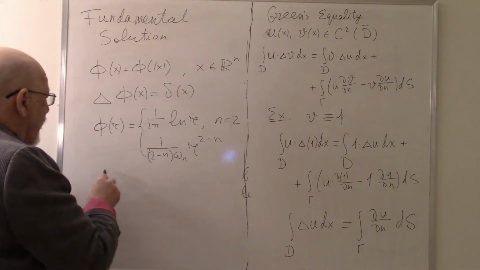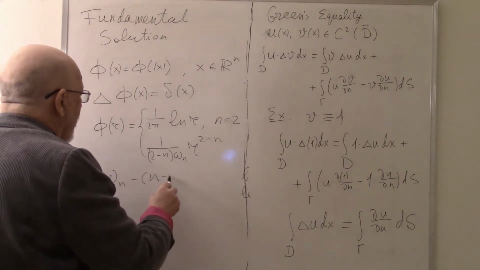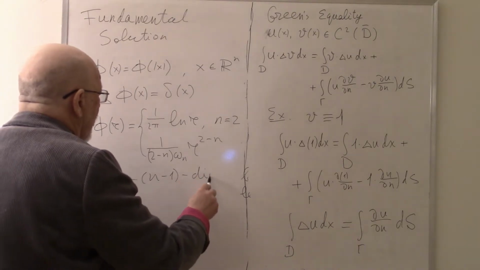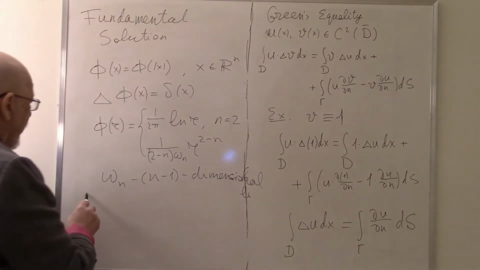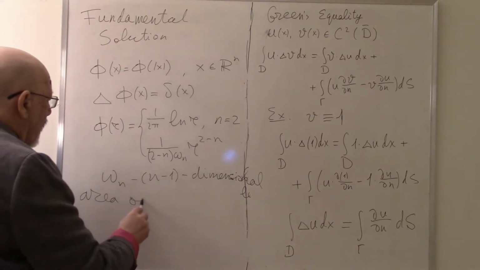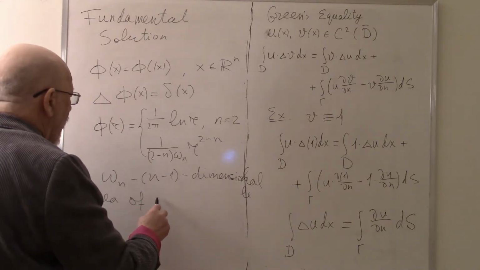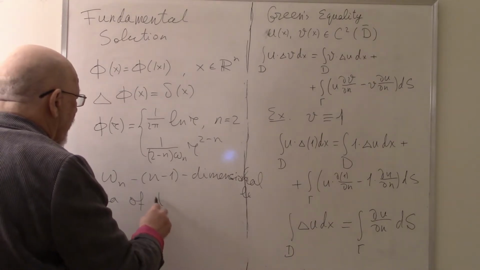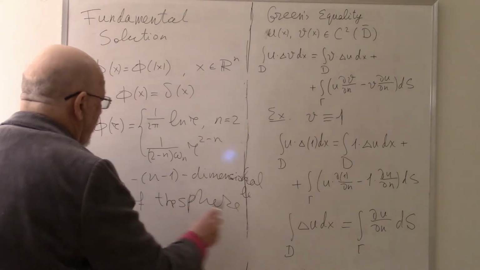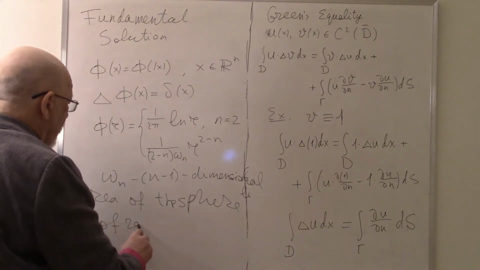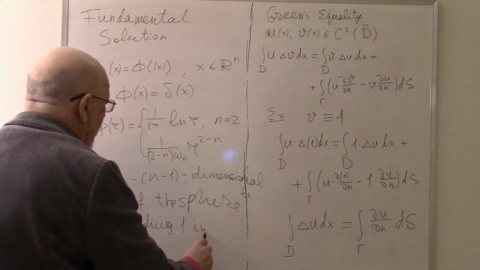So what is omega n? Omega n is the n minus 1 dimensional area of the sphere of radius 1 in Rn.